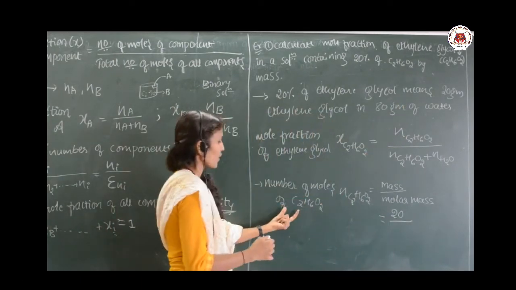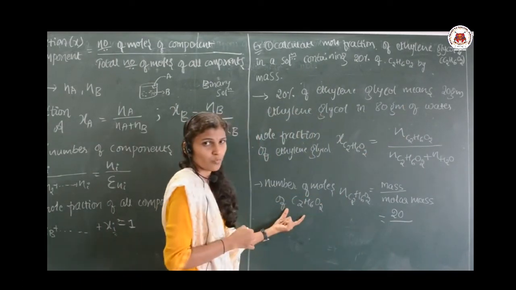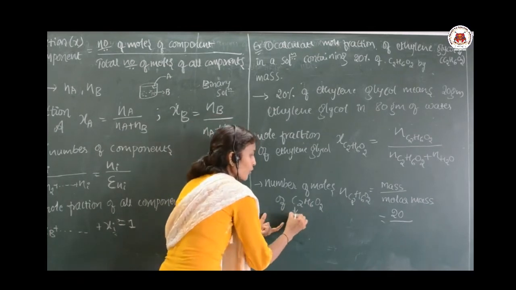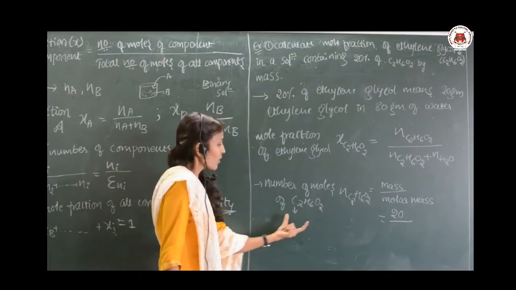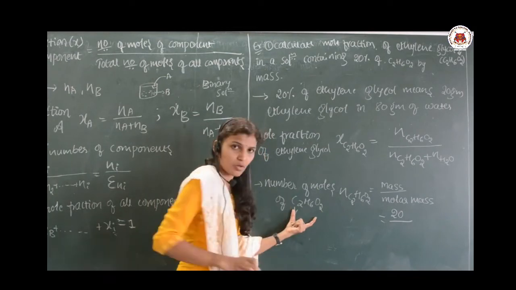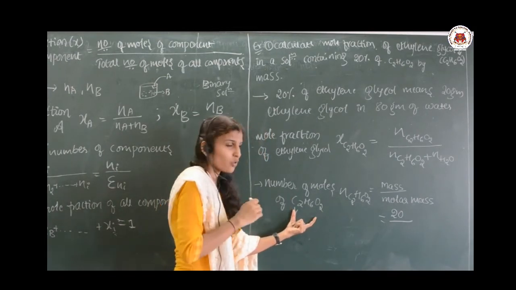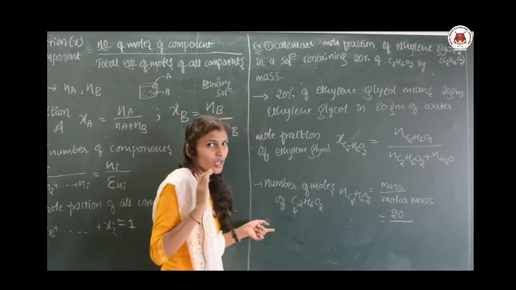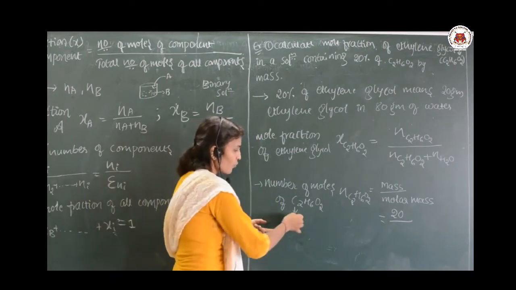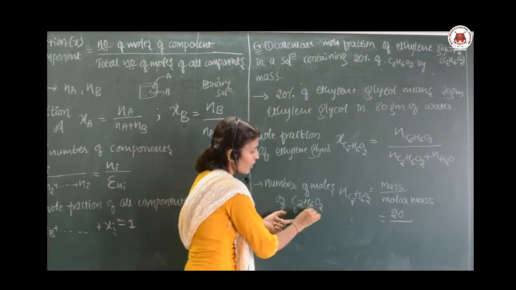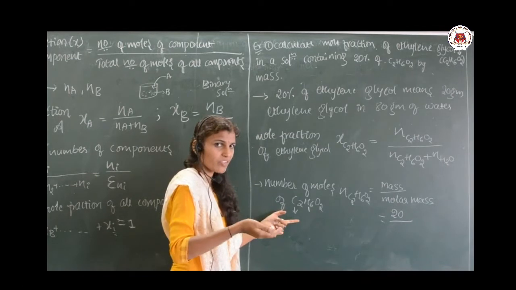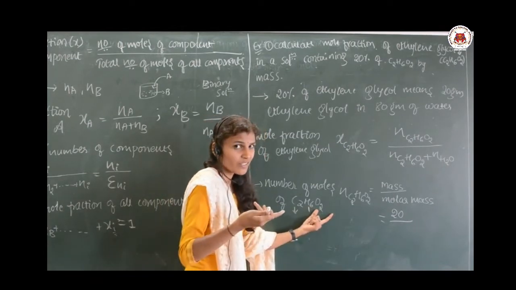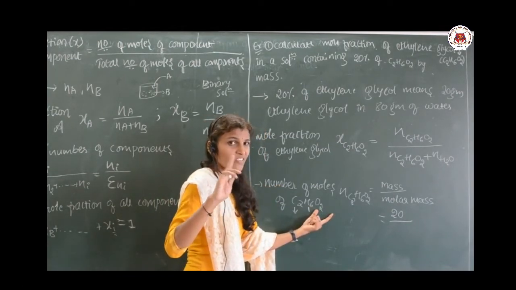See here, C2H6O2. How are you going to calculate the molar mass? Take the atomic mass of all these elements and add those. For one carbon, 12 will be there, 12 twos are 24, plus 6 hydrogens are there, add plus 6, 2 oxygens are there, 16 into 2 plus 32.